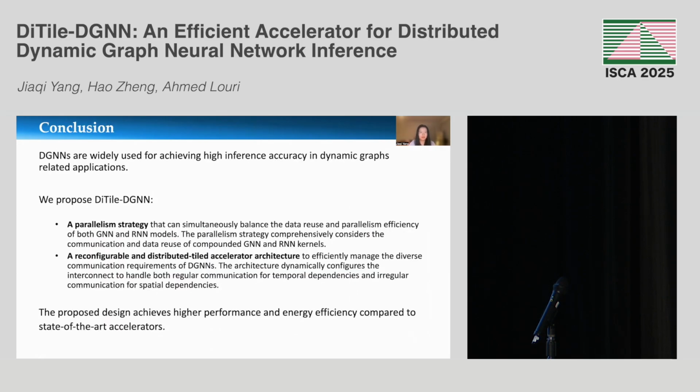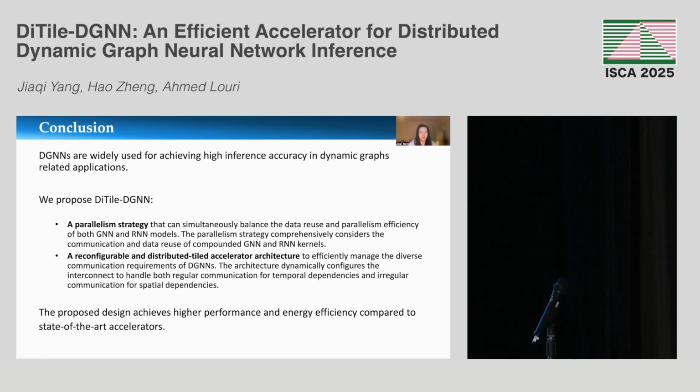For the conclusion, DGNNs are widely used for achieving high inference accuracy in dynamic graph related applications. So we propose DiTile-DGNN, including a parallelism strategy that can simultaneously balance the data reuse and parallelism efficiency of both GNN and RNN models. The parallelism strategy comprehensively considers the communication and the data reuse of component GNN and RNN kernels.